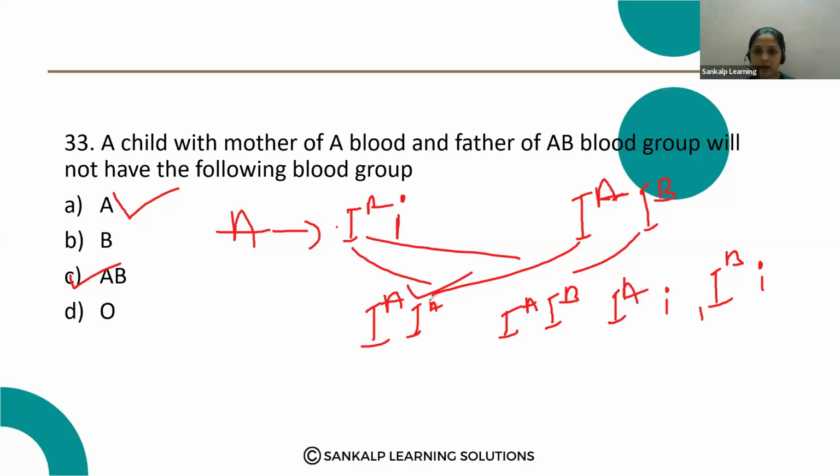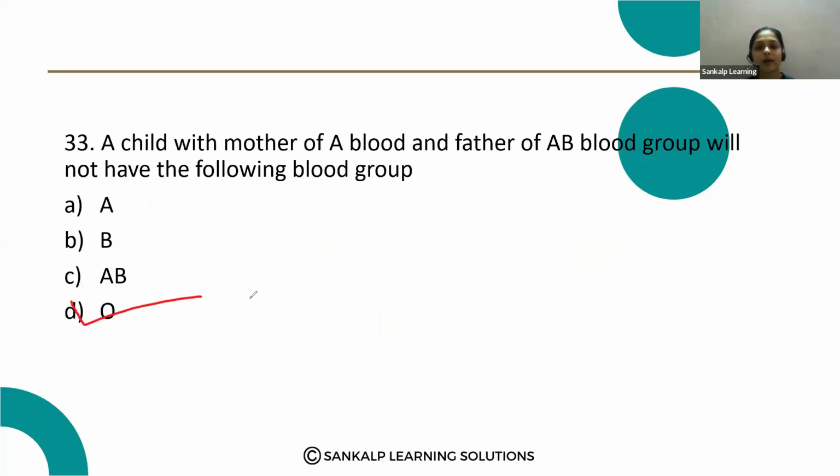So A blood group is possible, AB blood group is possible, and again A blood group is possible, and B blood group is also possible. But the child will not have the following blood group. The correct answer is O blood group. The child will not have the O blood group because of this reason.